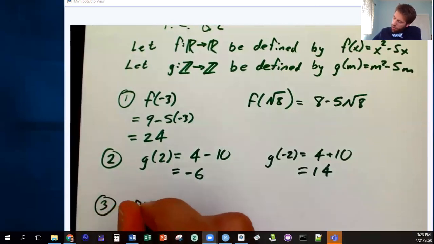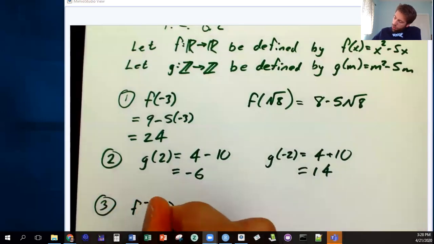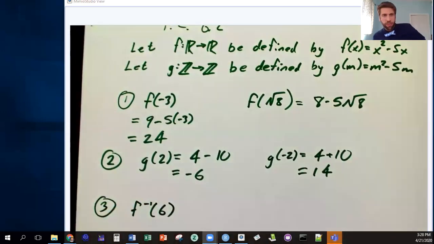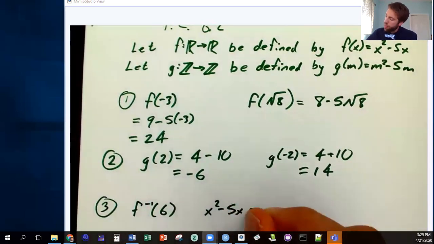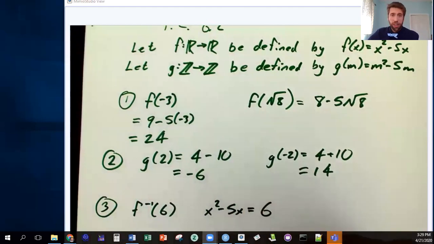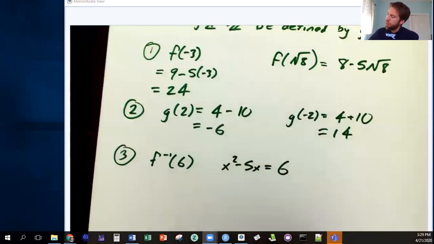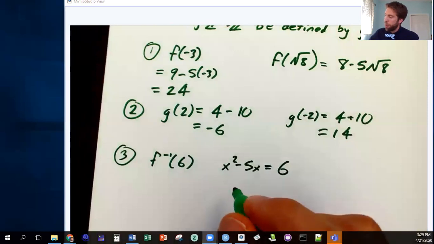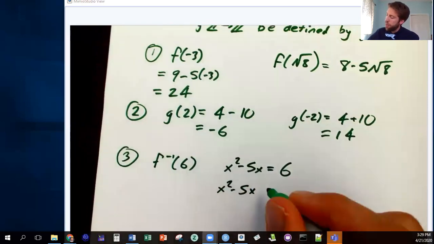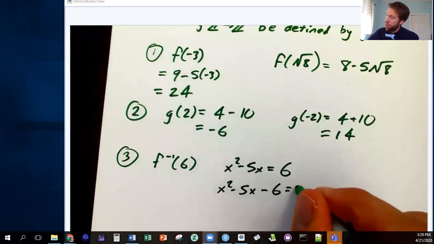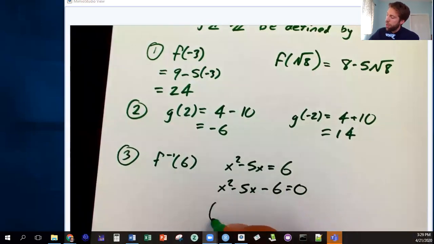Okay, so preimages of 6. How would we find that? Well, we would do x squared minus 5x equals 6, and then find x. So in this case, why don't we move the 6 over? x squared minus 5x minus 6 equals 0, and then factor.